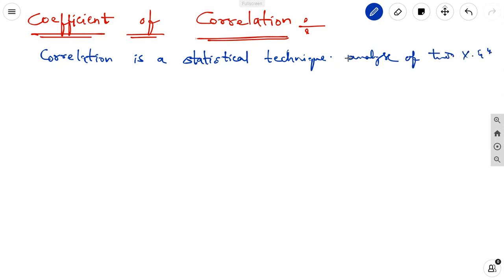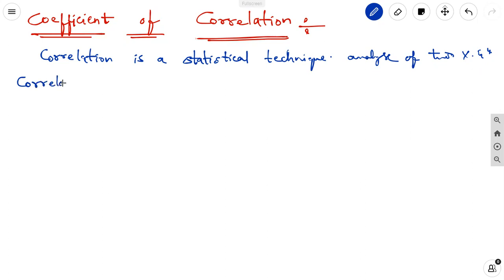Suppose here the covariance of x and y we can define. Now, the coefficient of correlation is a statistical technique used for analyzing the behavior of two or more variables. In this analysis, we discuss the association between two or more variables. The statistical measure of correlation relates to covariance between series, but not of functional or causal relationship.